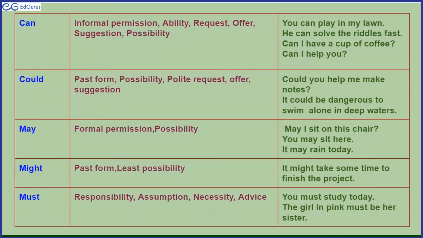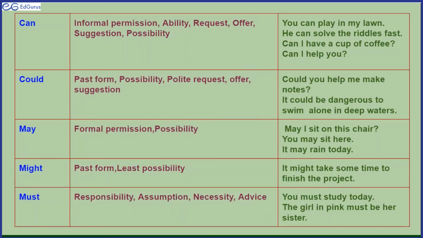You must always stand when the national anthem is on. This is our responsibility. Okay. See the sentences. You must study today. Advice, necessity. Be confident, Anmol. Even if it is wrong, no matter.